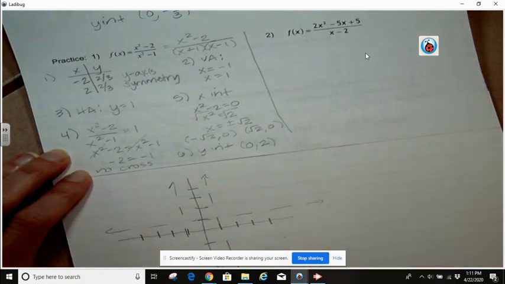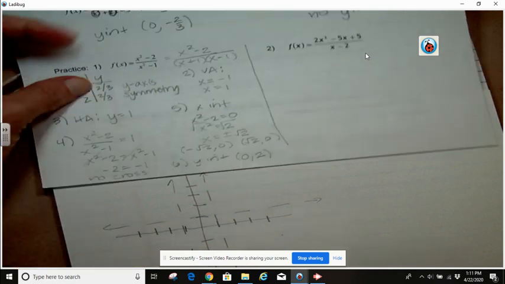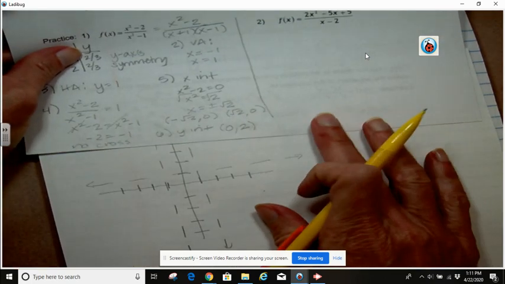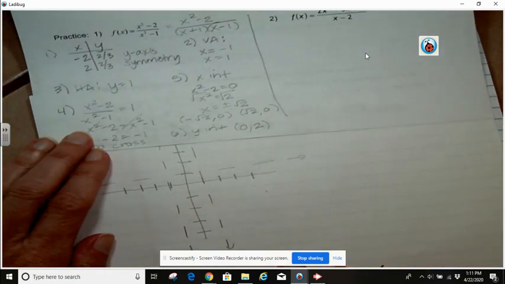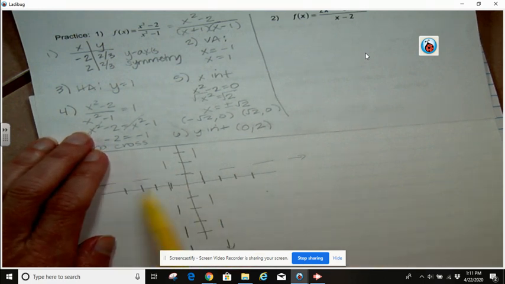This horizontal asymptote does not get crossed. Remember from the warm-up that the vertical asymptotes drive your curves. So I'm going to have a curve around every vertical asymptote. So I should have a curve over here, a curve in the middle, and a curve to the right.